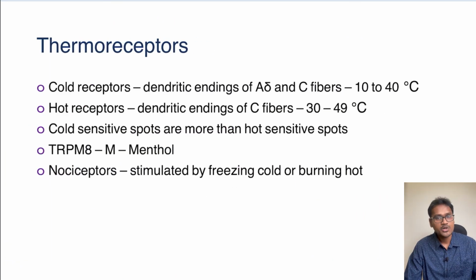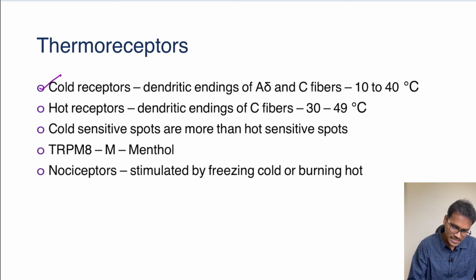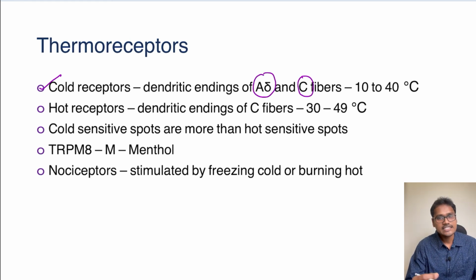Now coming to the thermoreceptors, which means temperature receptors. Basically they detect two different temperatures, hot and cold. The cold receptors are activated by the A delta and C fibers. These are just the nerve endings of the A delta and the C fibers. This fiber classification we will deal with in nerve muscle physiology, and they are especially activated between 10 to 40 degrees Celsius.